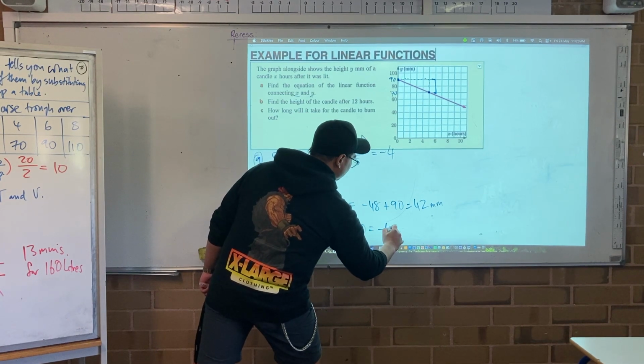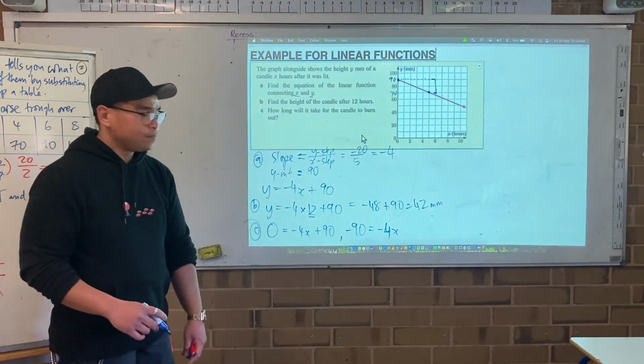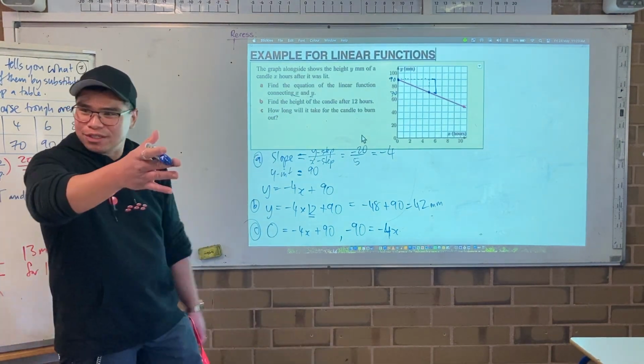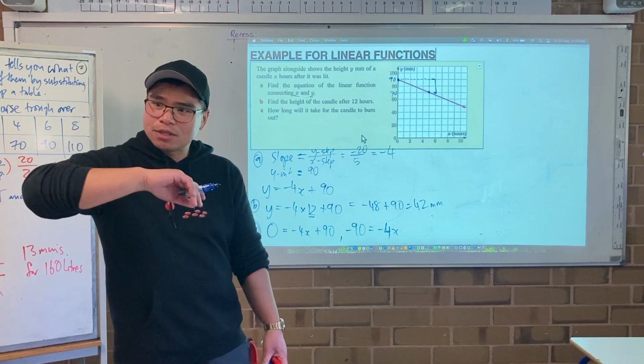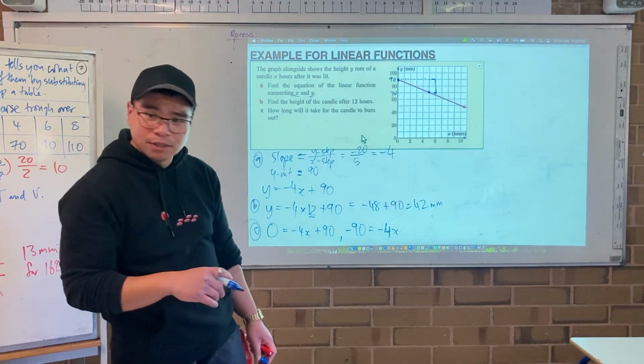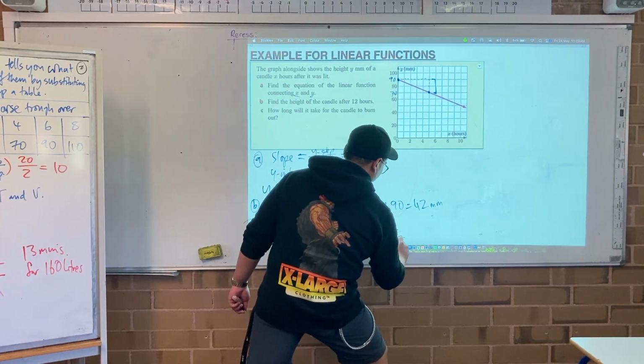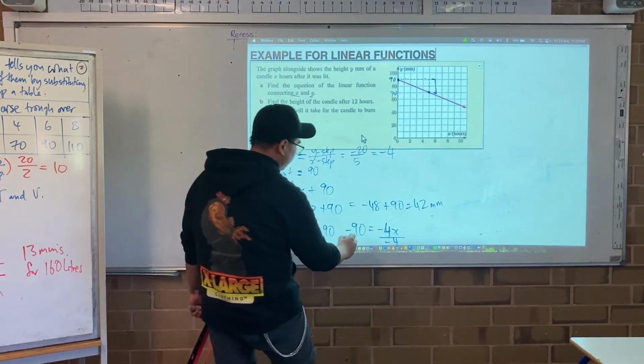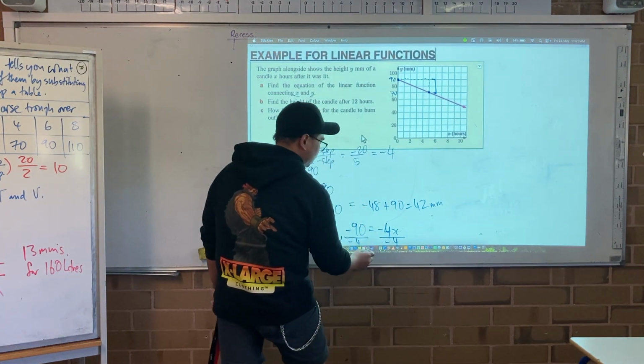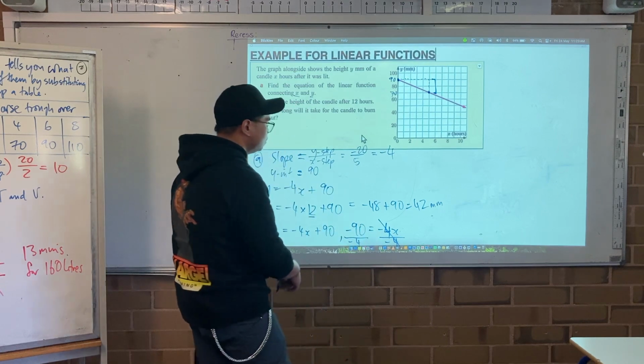What's the negative 4 doing to x there? What's the opposite of times? See, I'm literally saying it the same way as last time. What's the opposite of timesing by negative 4? Divide by negative 4. But to keep the equation the same, I need to divide this side by negative 4. The negative 4s are going to cancel.